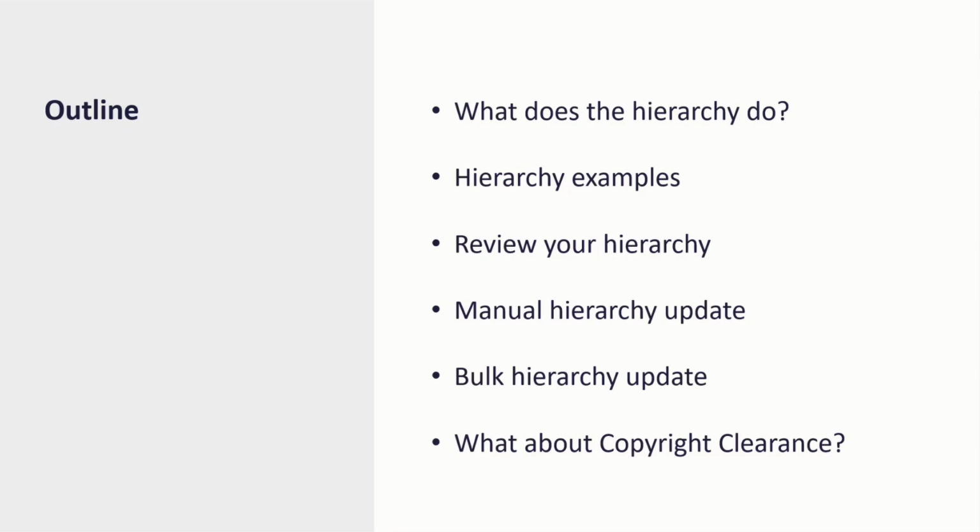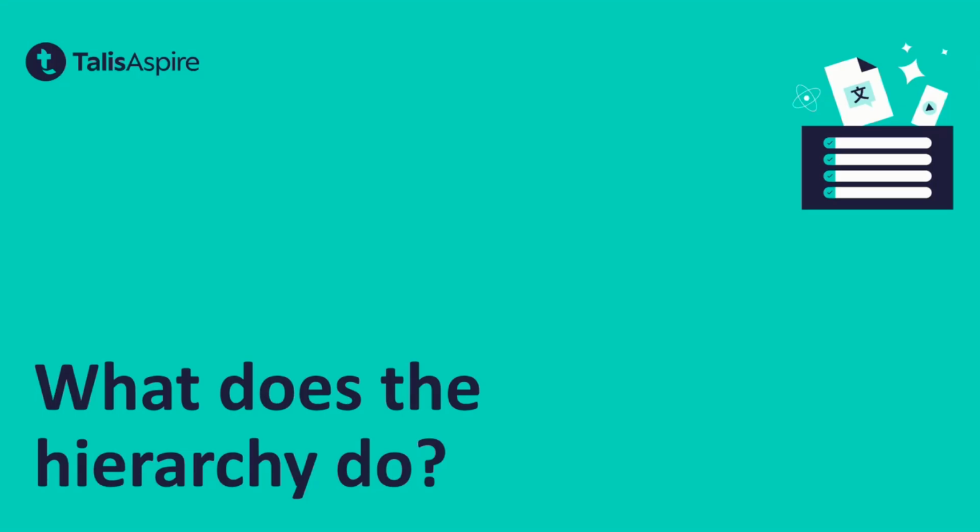Manual we will chat about for making targeted updates, and bulk will let you update the entire tenancy if you want to. And then we will chat a little bit at the end about copyright clearance and how to do rollover, how to update the hierarchy in that.